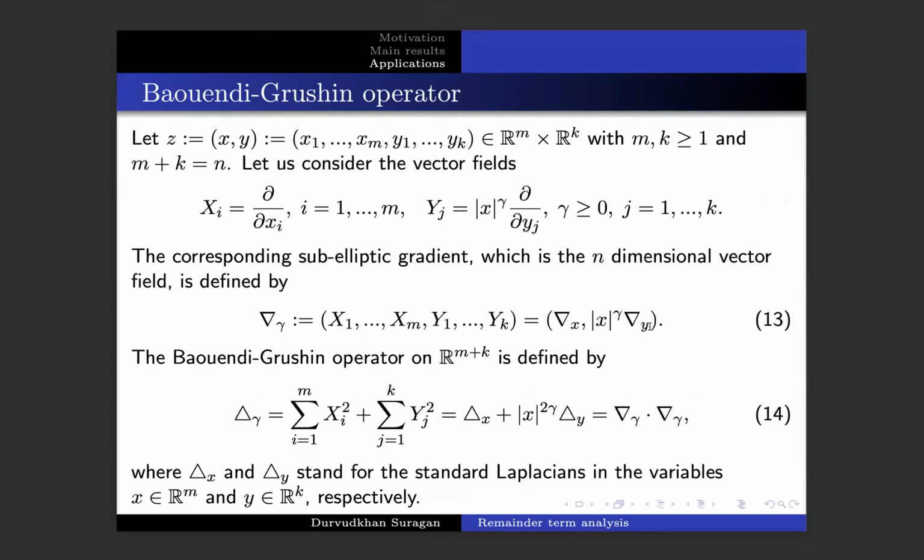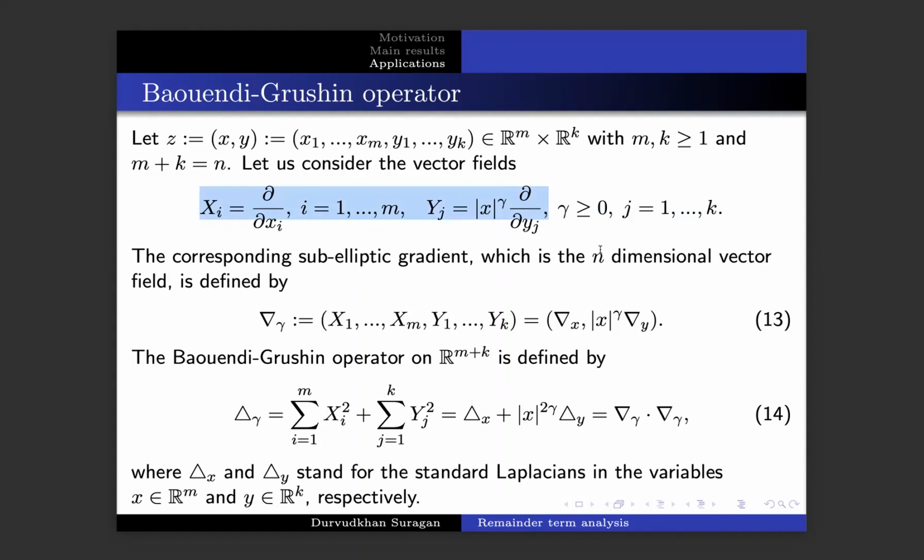That was about stratified groups. What if we go out of the class of stratified groups? Let's consider the famous vector fields, the so-called Baouendi-Grushin type vector fields. These vector fields will not give us the algebra, so they don't belong to the class of stratified groups.